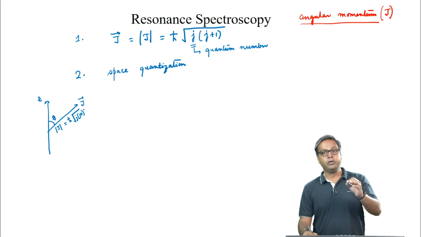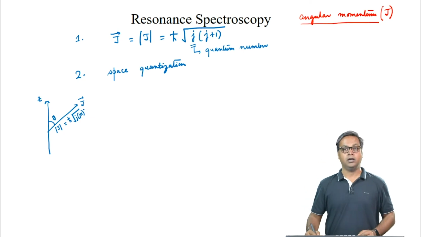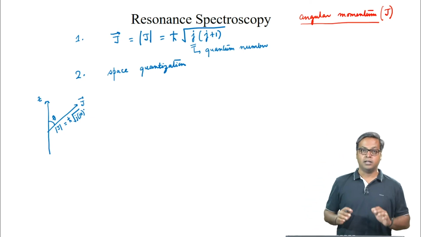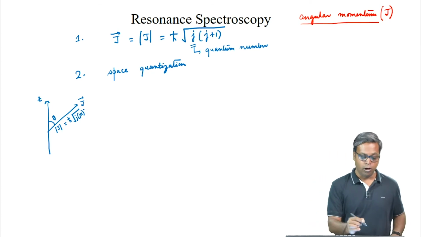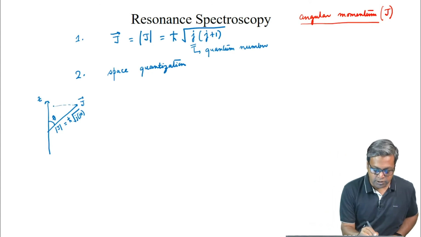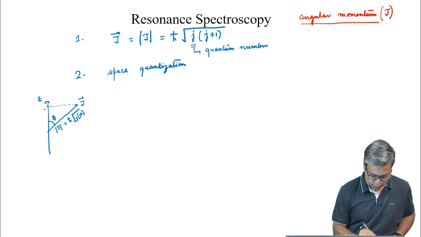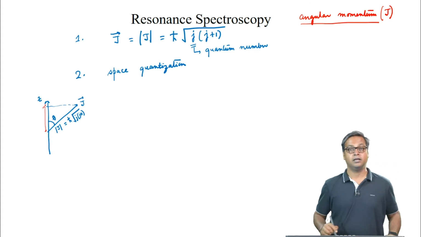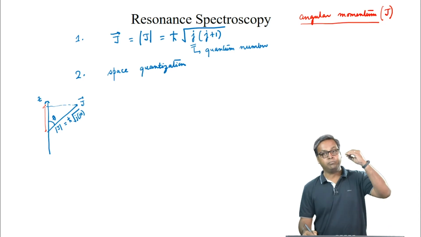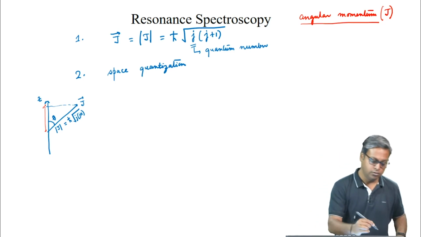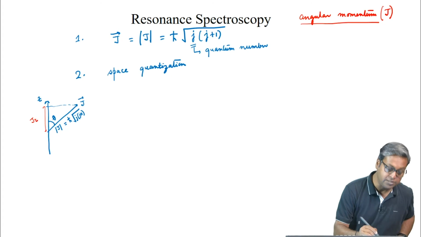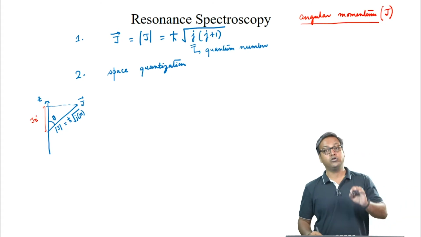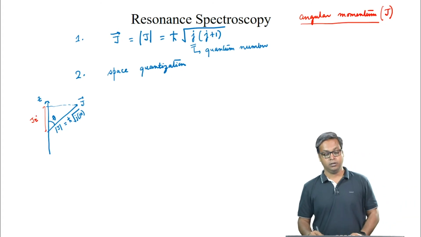The possible values of theta will be such that the z component of j, which is the projection of j on the z axis, which we can call j z, will also be quantized.